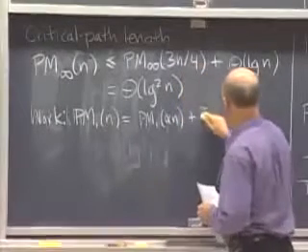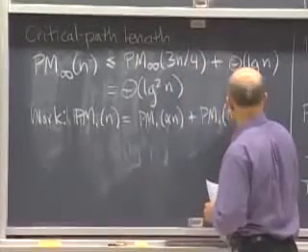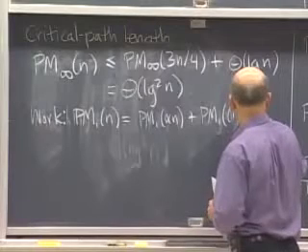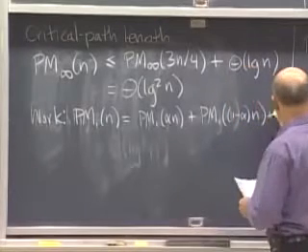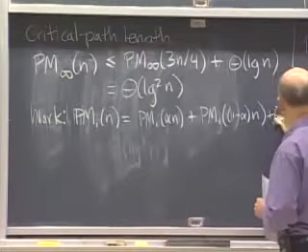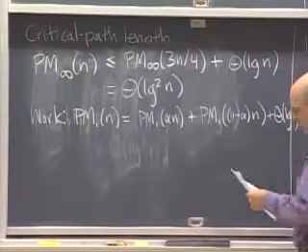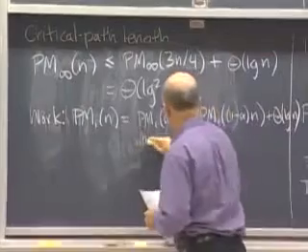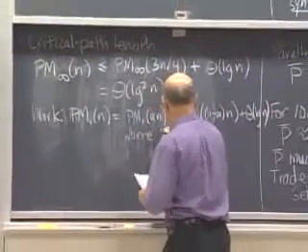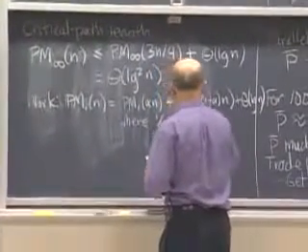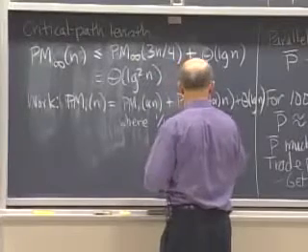And then the work on the other side will be PM sub 1 of 1 minus alpha n. Plus, and then still order log n for the binary search. Where, as we've said, alpha is going to fall between 1/4 and 3/4.